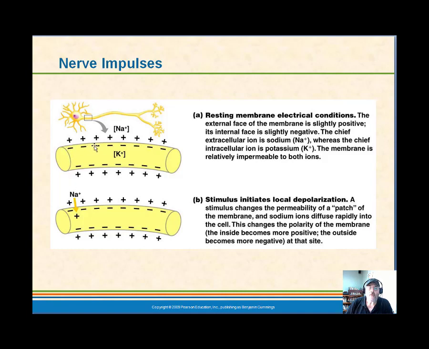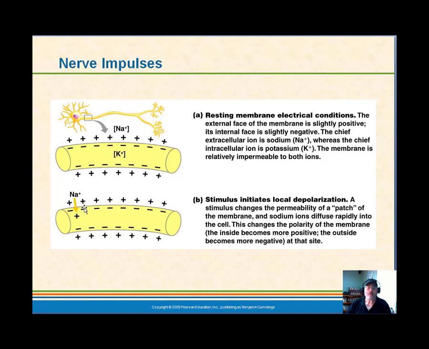So you can see here we've got positive on the outside, negative on the inside, but for whatever reason, we start to have an exchange of sodium and potassium at one end of the cell. And what happens is the sodium goes in, the potassium goes out, and that changes the charge in that region. Now, if you remember facilitated diffusion, that's where we have proteins that can act as gates.